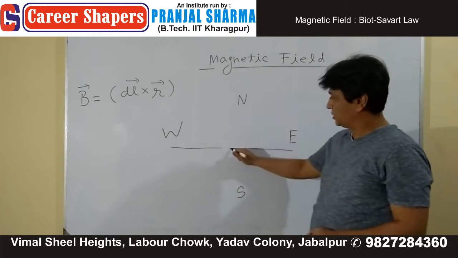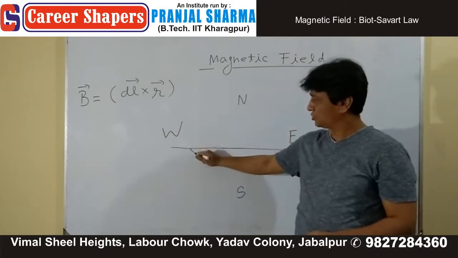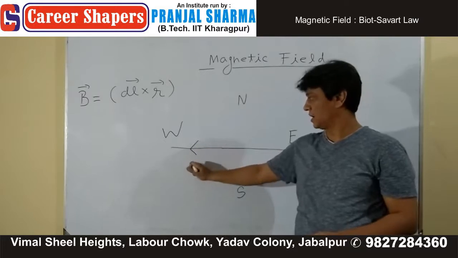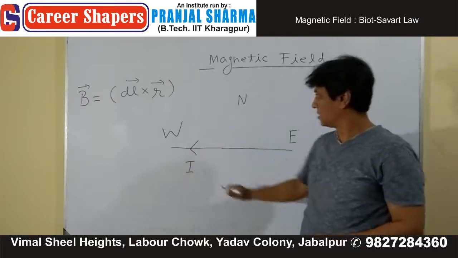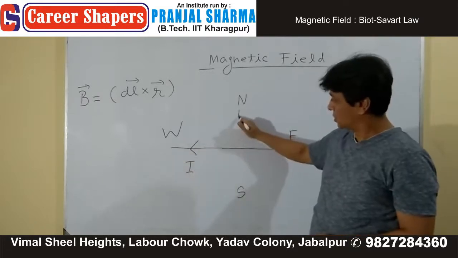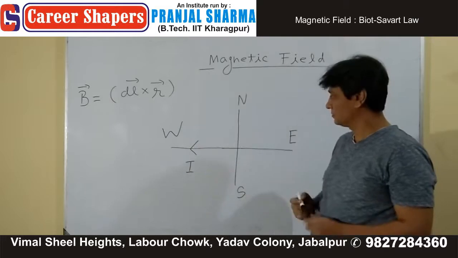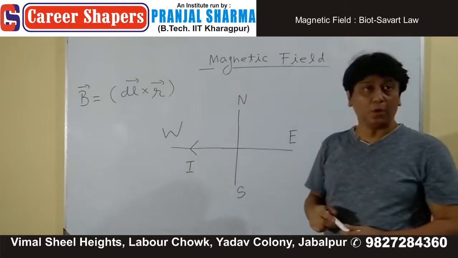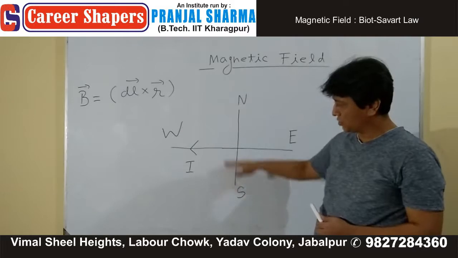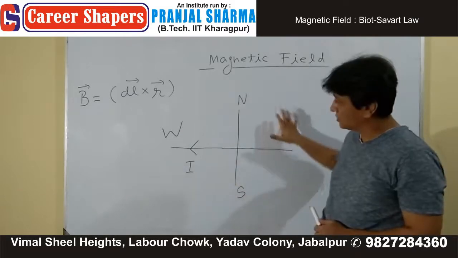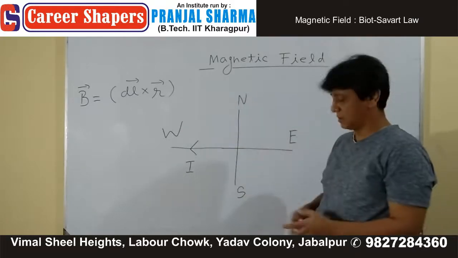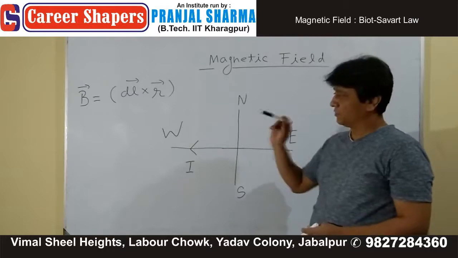This time current is flowing from east to west, I. This is north, south. When I say below, I'm not talking about this. This is the horizontal plane. This is your wire.